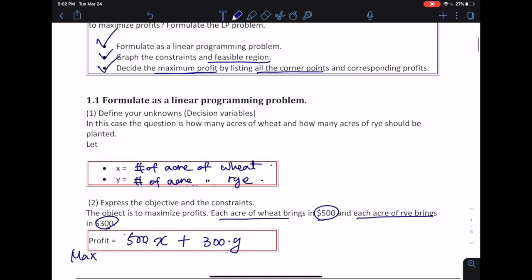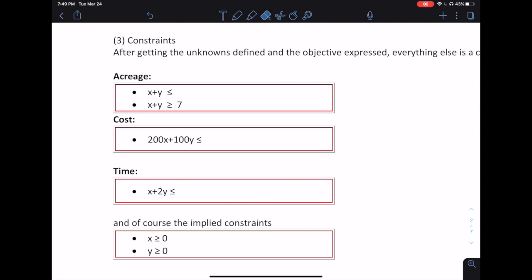Now we have to consider several constraints. We have three constraints. The first one is land or acreage. At the beginning, we read the description, and it says that the total land available is 10 acres.